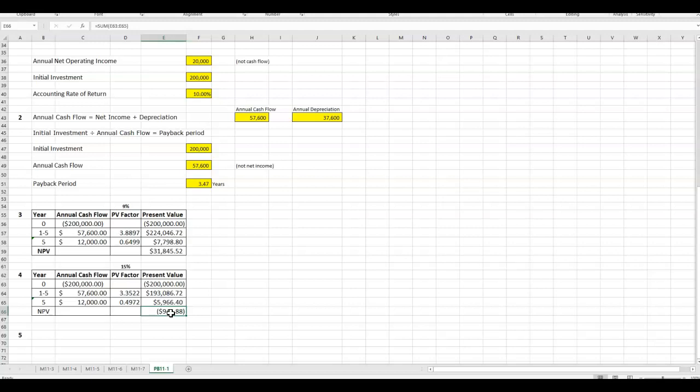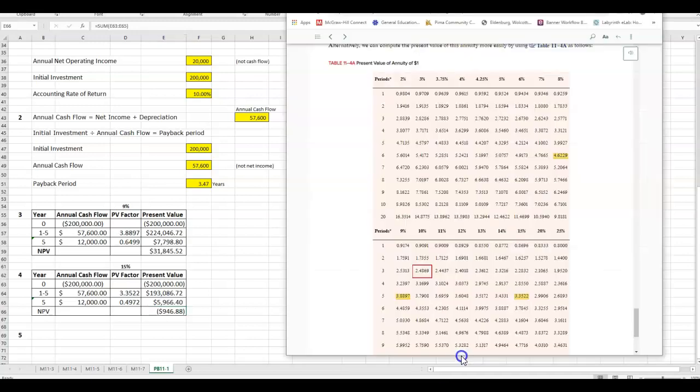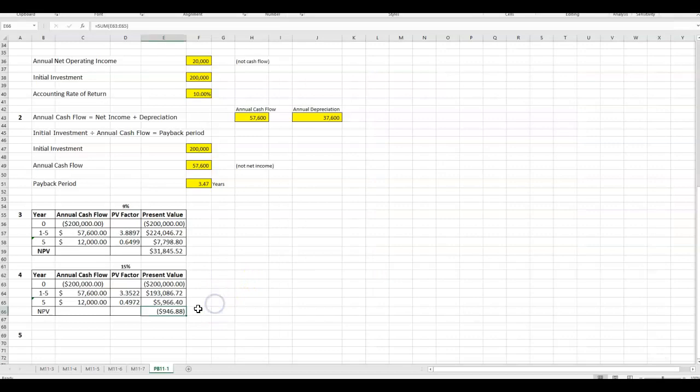We could keep working this and extrapolate between the two on the tables. You can actually find tables in 0.5% increments online, but don't worry about that. It's just a generalization. Just know that if net present value is negative, it's not returning whatever percentage you use to pull the factor.